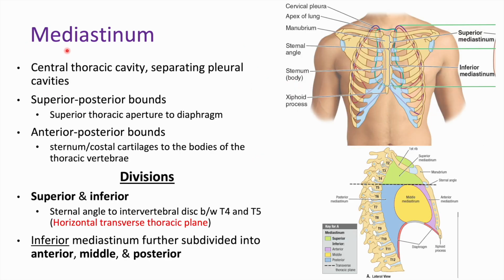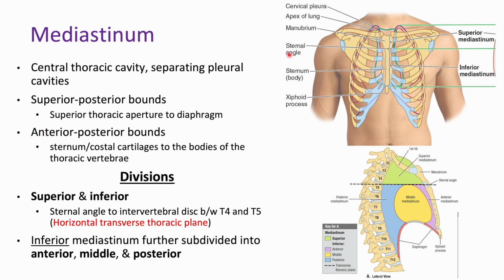Okay, now let's look at the mediastinum. So this is going to be a really important area, and it's going to have a lot of really important structures that we need to look at and be able to group off. And so our mediastinum is going to be the central cavity in the thorax that's going to separate our pleural cavities. The pleural cavities are going to be lateral here, and that's the location of the lungs. And so between the lungs is our mediastinum, and that's outlined in green here.